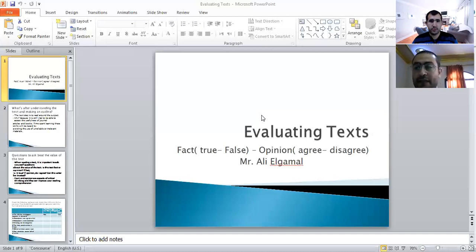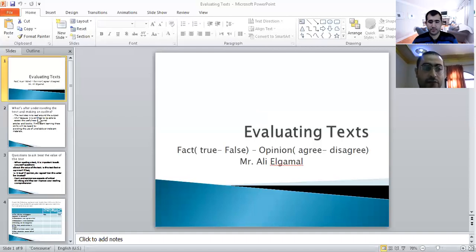When you read a text, you should practice these skills in order to get reliable data, in order to get trustworthy materials. You should evaluate your text according to these two aspects.